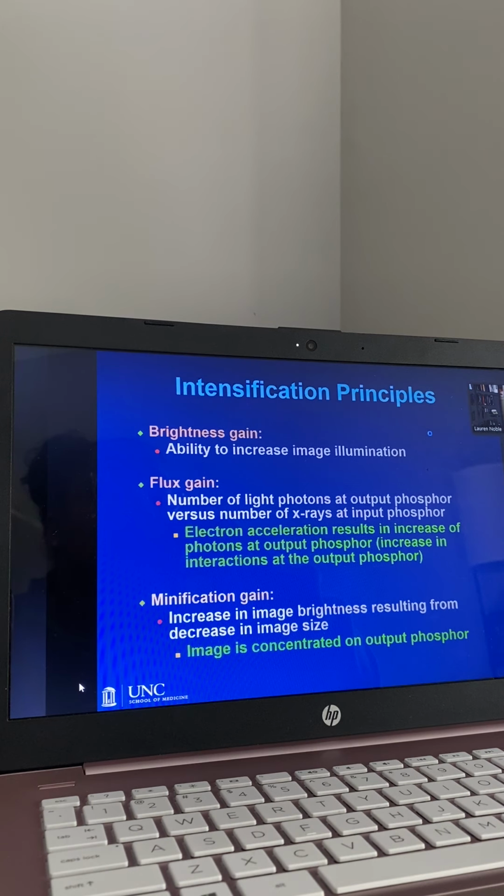The input phosphor is quite a bit larger than the output phosphor. So that lends itself to that beam or the electrons being concentrated into a smaller area. So when the light photons are produced, the image is brighter. Because you're taking an image that is spread out and narrowing it down, condensing it, that makes it brighter. So it will make the image brighter.